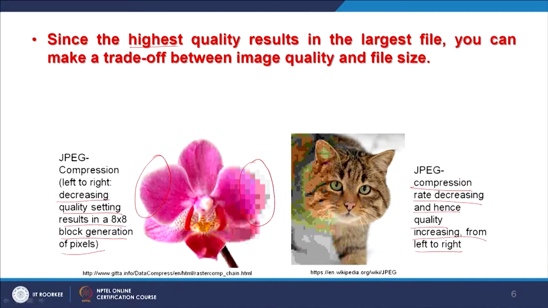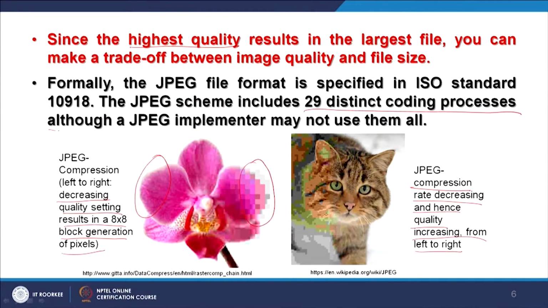So, still you can keep the highest quality but choose a different data compression. When you have to transport the file through the net and the size is important, quality is not, then definitely one can choose JPEG. JPEG is an ISO standard format, and 29 distinct coding processes exist with JPEG.